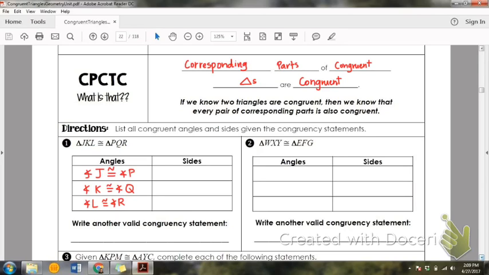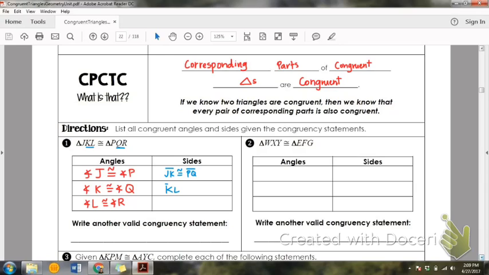So now if we look at our sides, we can take just the first two. So JK is congruent to PQ. Okay, then we'll look at KL, that's the second two. KL matches with QR.